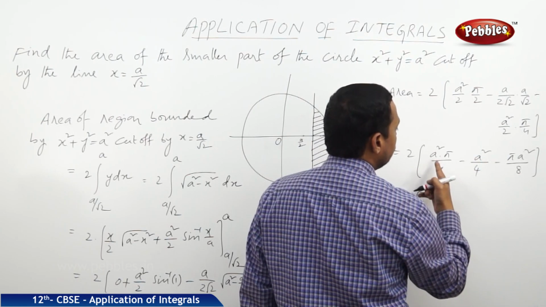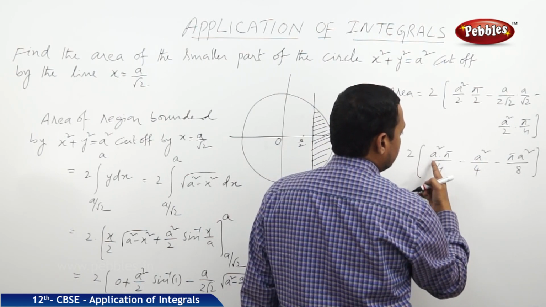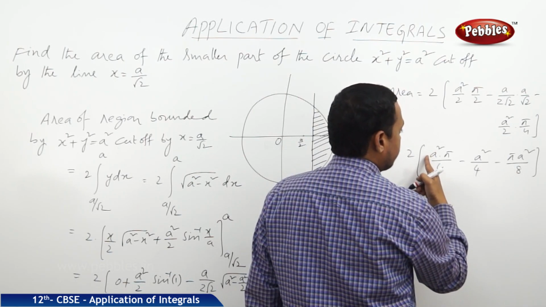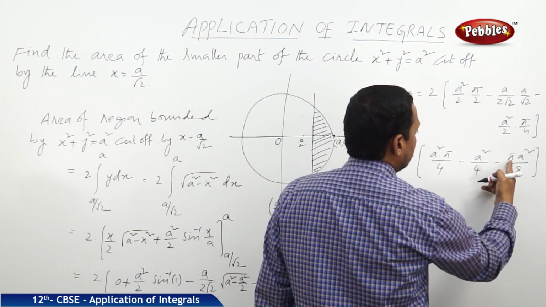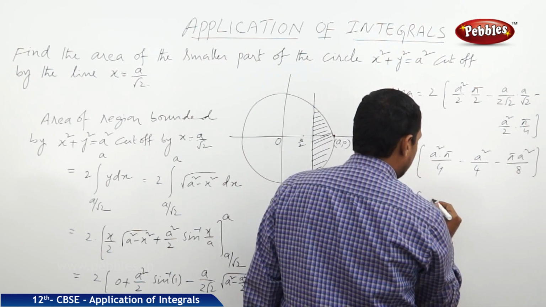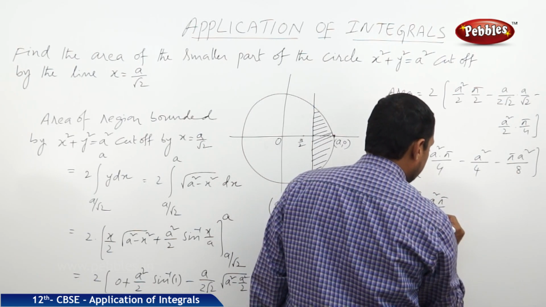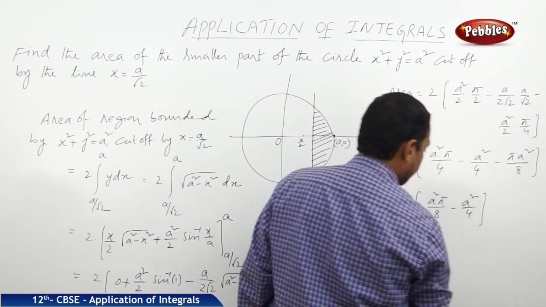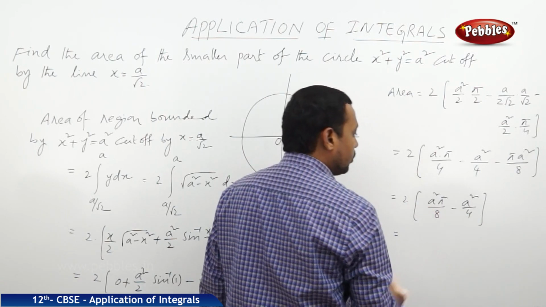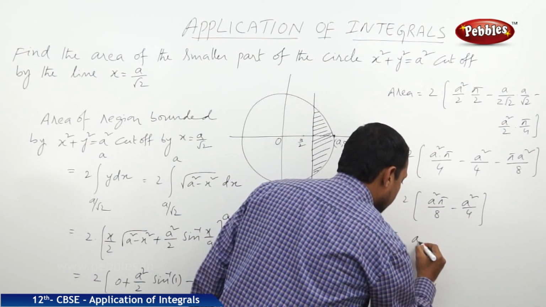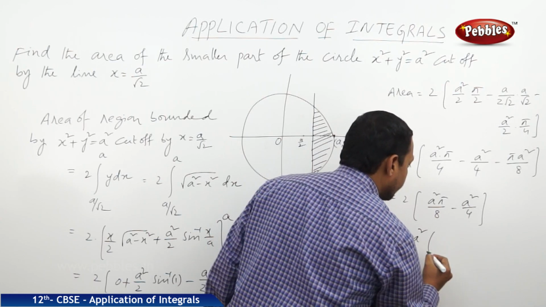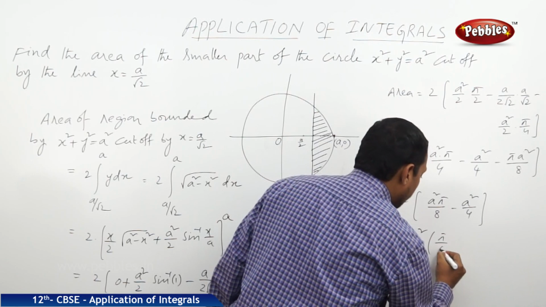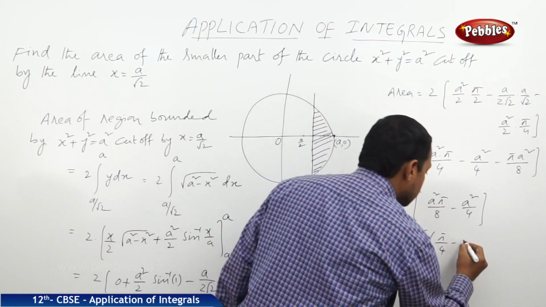What is that much value? So when we take LCM 8, now it is 2a square pi minus pi a square, that is equal to a square pi by 8 minus a square by 4, or dividing by 2 and take a square common, a square into pi by 4 minus 1 by 2.